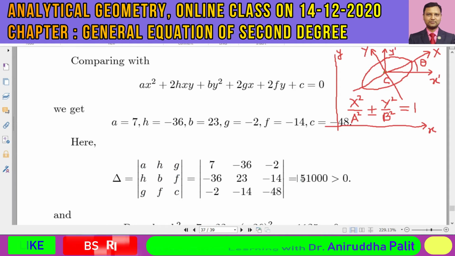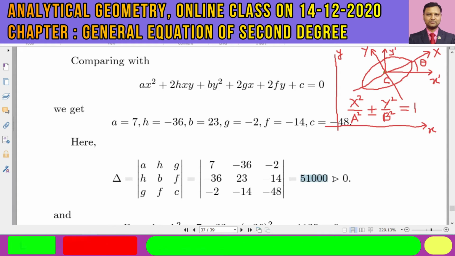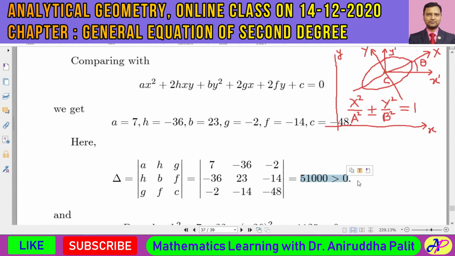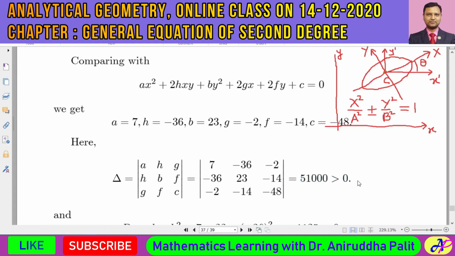Delta becomes equal to 51,000. You can compute it using the calculator in exam. Calculator is allowed in exam. Okay, so 51,000. So this much computation would not be any easy and would not be a difficult task for you by the help of calculator.